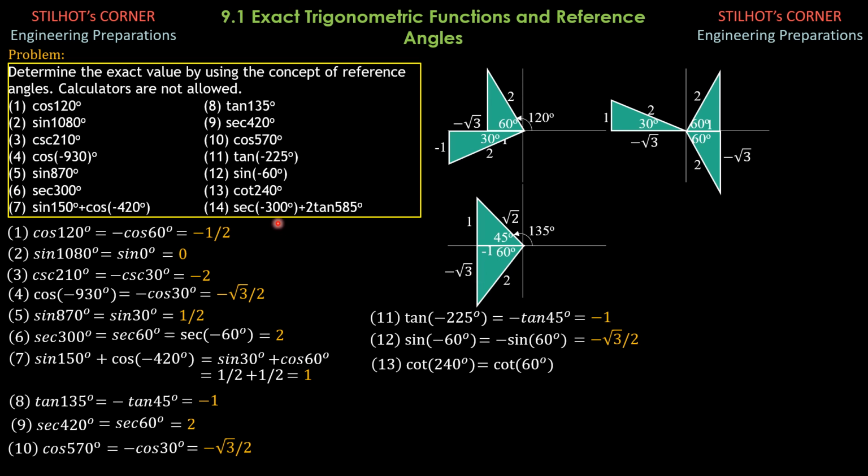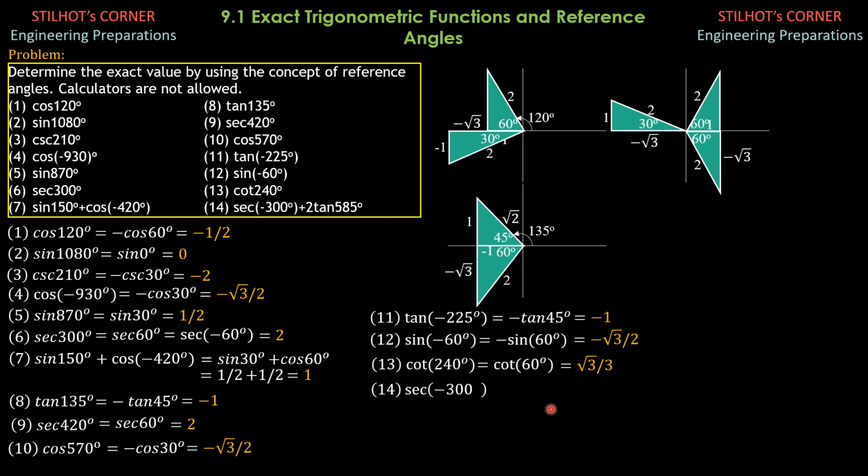Then lastly, 14, secant of negative 300 degrees plus 2 tangent of 585 degrees. Negative 300 degrees clockwise direction. That's negative 270 plus negative 30, so negative 300 degrees. This is the guide, but let's draw another one to simplify, anyway, we still have space here.